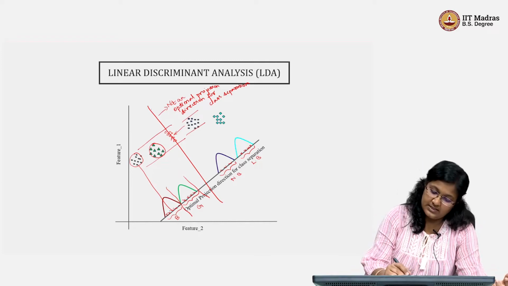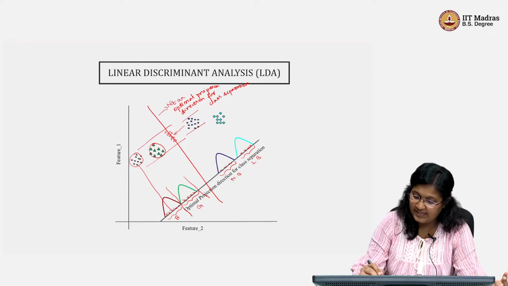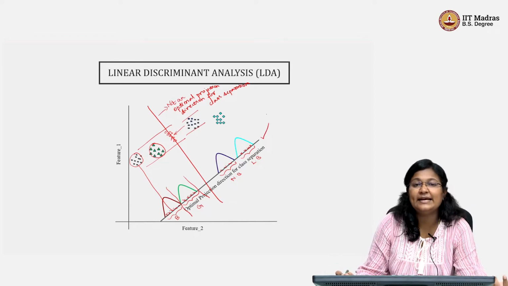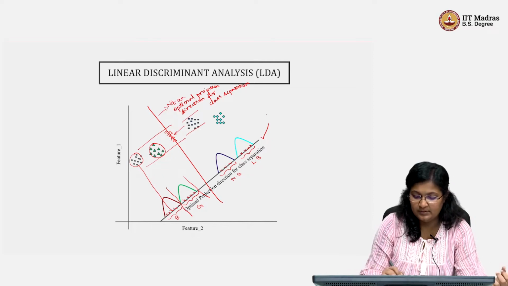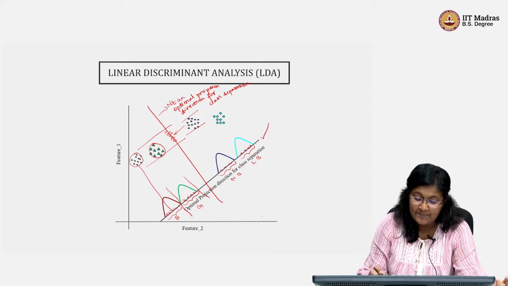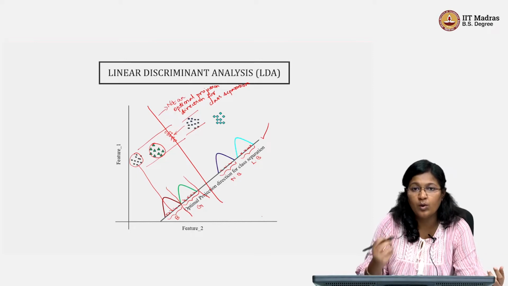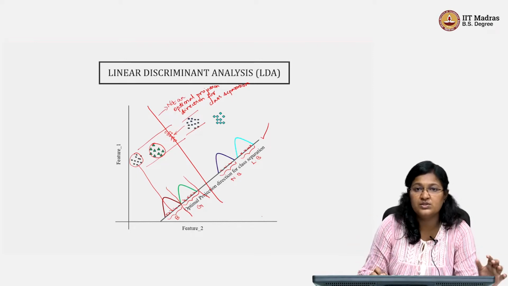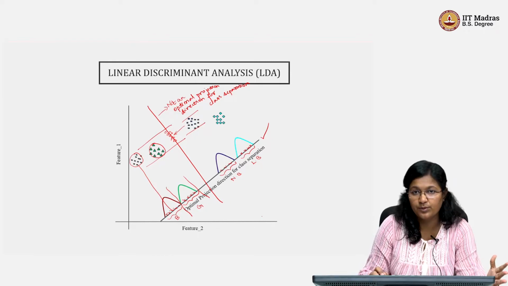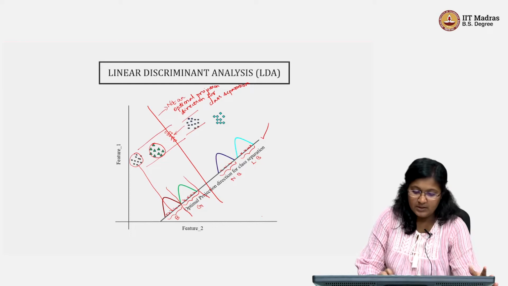So this is not an optimal projection direction, whereas this seems to be somewhat optimal. But LDA does it mathematically. We are not going to draw these projection lines and find out, rather it does it mathematically. PLDA does something more on top of this LDA, which we will not discuss in this course. If you are interested, you can go and see the literature.